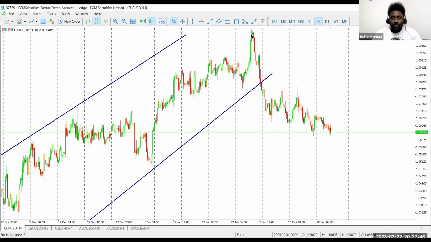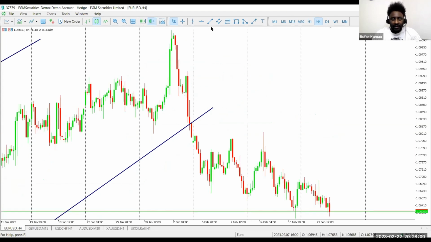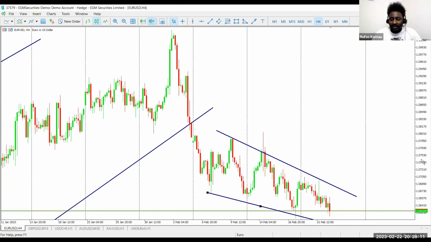After we got to this high, the market dropped and broke the lower trend line. And now what we are seeing is the market trading in what looks like a triangle. Triangles are quite a common scenario in price action trading, since they represent a period of time where the market is virtually moving sideways, but then you see the swings getting smaller and smaller.